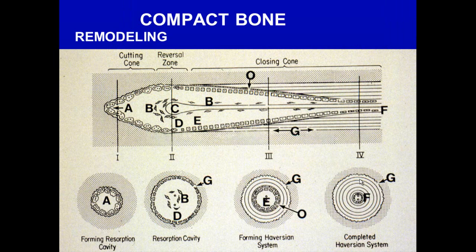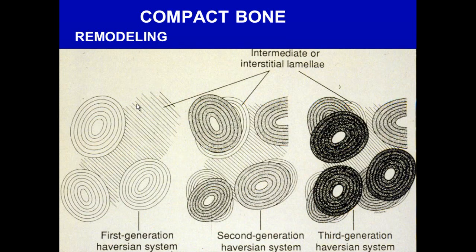As you see, this is compact bone remodeling, and this happens over time. You dig a hole and then you fill it back up, and the osteoclast that makes the hole is what directs the process. And here you can see different generations of remodeling bone.